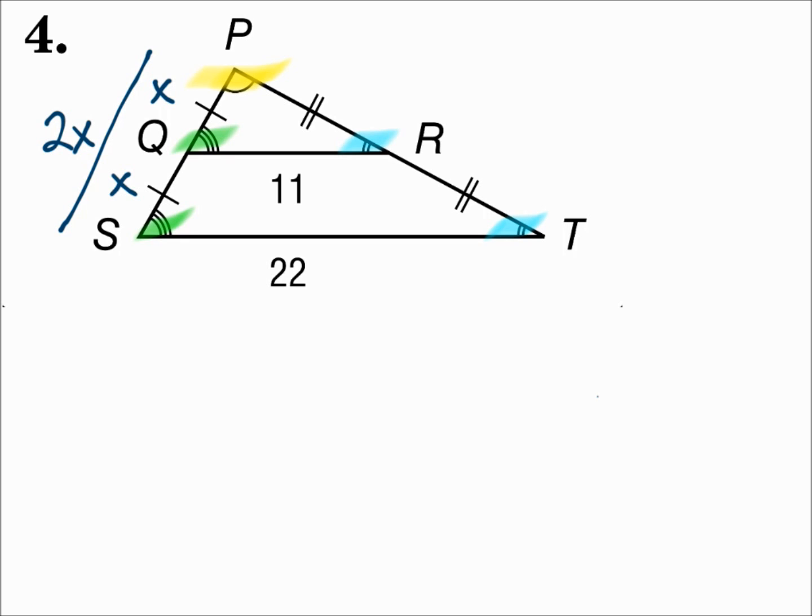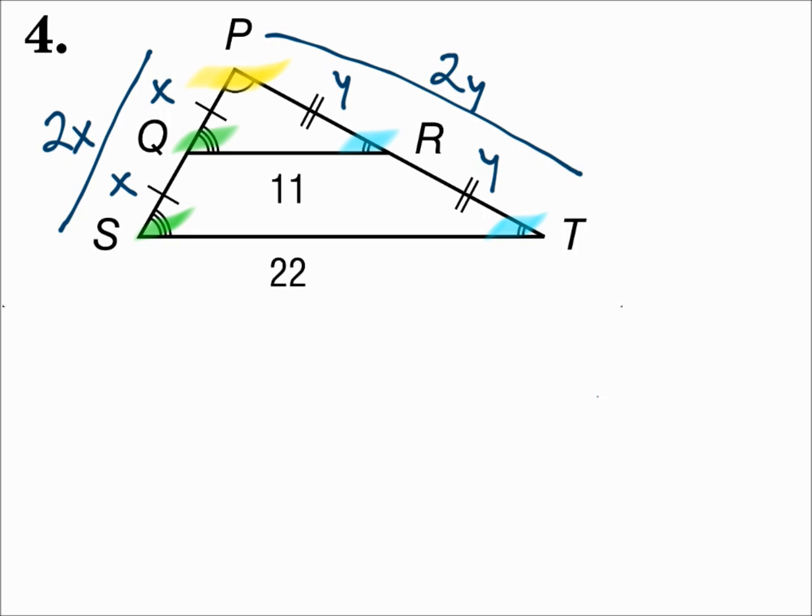So really I'm comparing X on the small triangle with 2X on the big triangle. On the right, the double hash mark there would be Y, and RT would be Y. that whole side would be 2y.